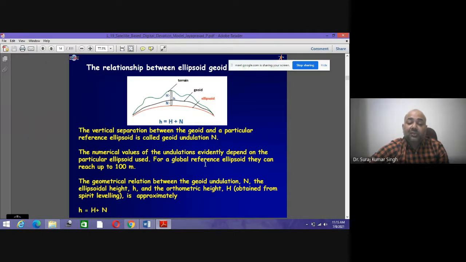For a global reference ellipsoid, they can reach up to 100 meters. The geometrical relationship between the geoid undulation N, the ellipsoid height h and the orthometric height H, the latter obtained from spirit leveling, is h equals H plus N.